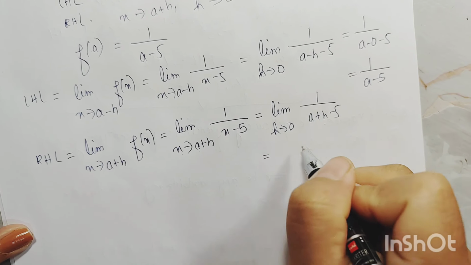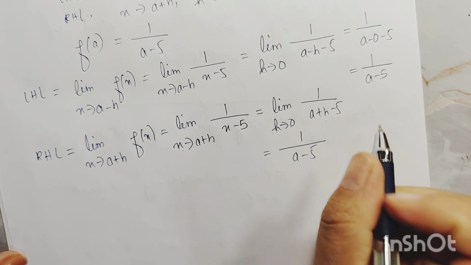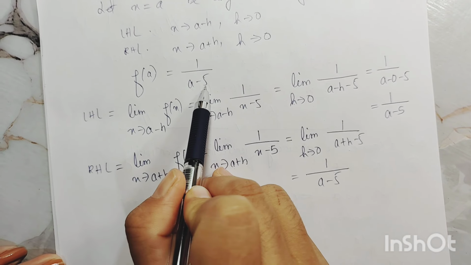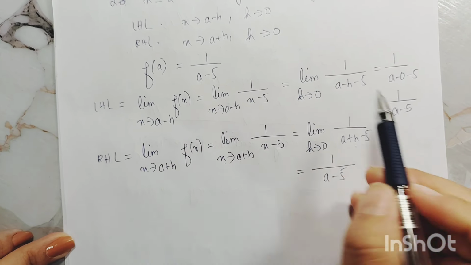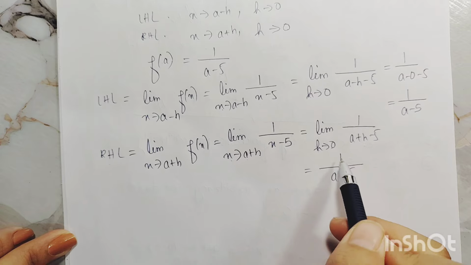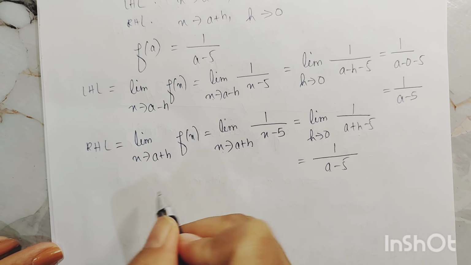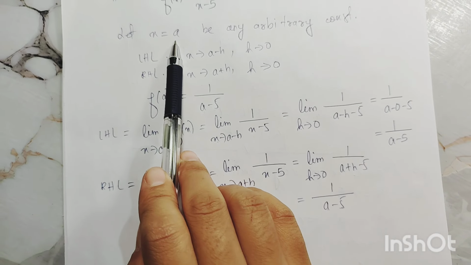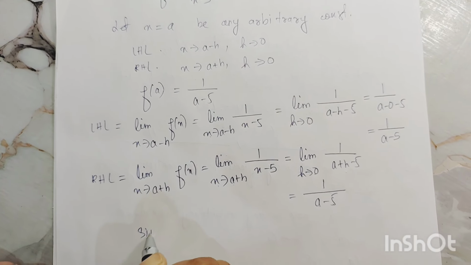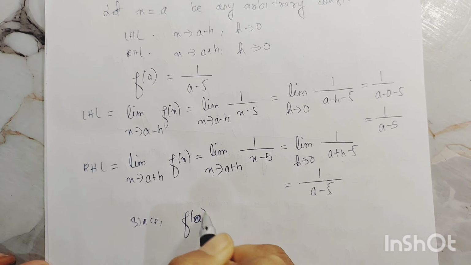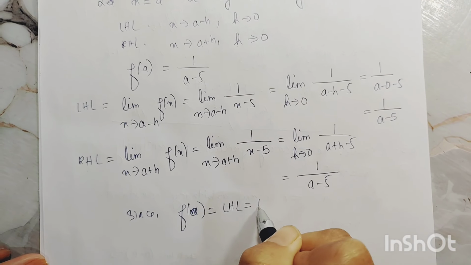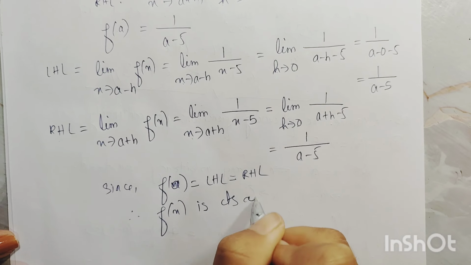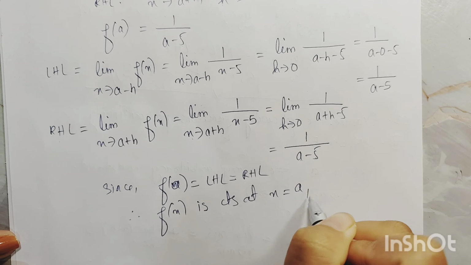With h equal to 0, we get 1 by a minus 5. So f of a, the left hand limit and the right hand limit are all 1 by a minus 5. Since f of a equals the left hand limit equals the right hand limit, therefore the function is continuous at x equals a.